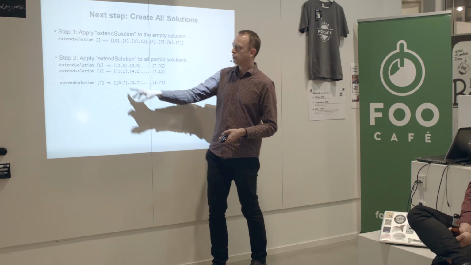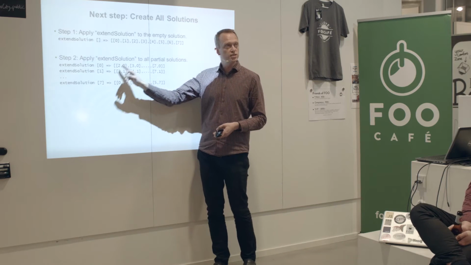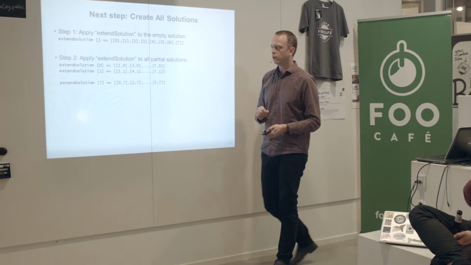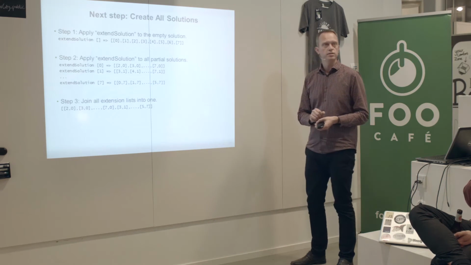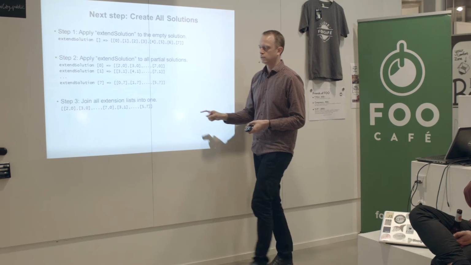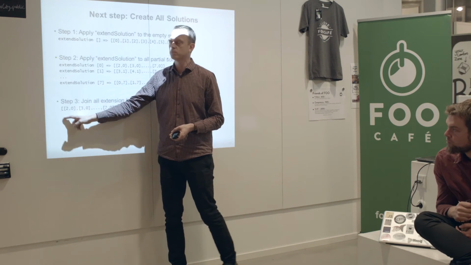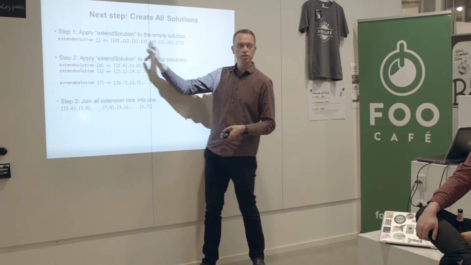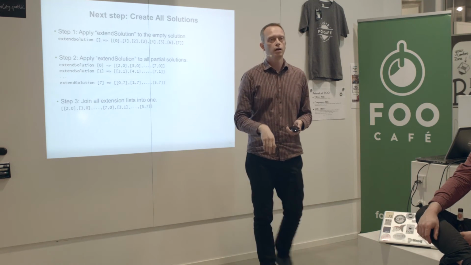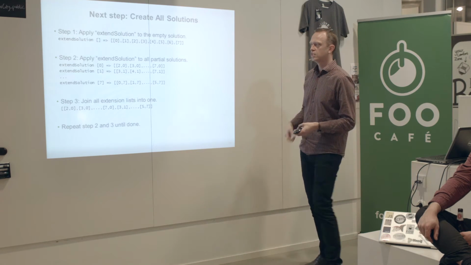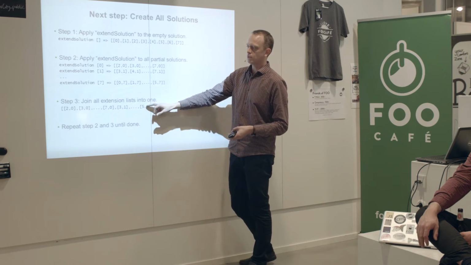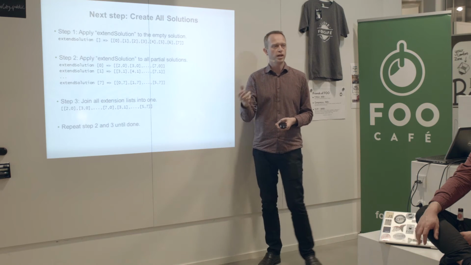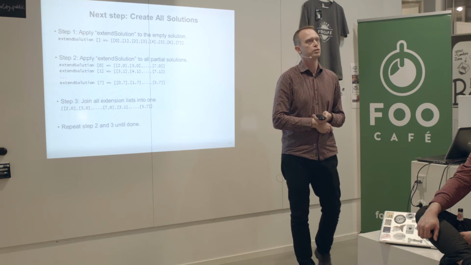Down to 7, and then I have this large list of lists, and I just want to merge them into one, like this. So here I will have now all the possible extensions to the solutions I got from this one. And then I just want to iterate like this. So I want to repeat these two steps, step 2, step 3, until I get to a point where I have 8 queens in my solution.